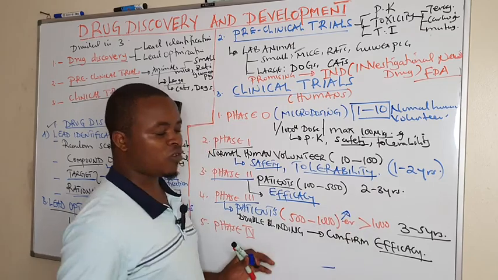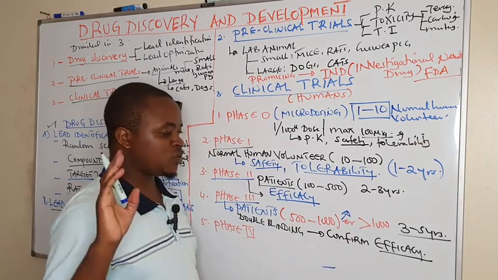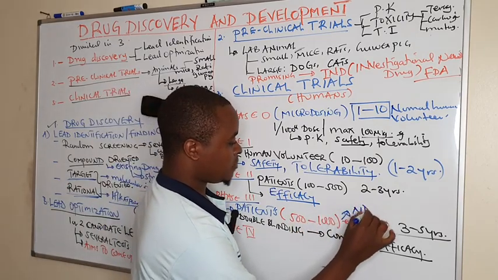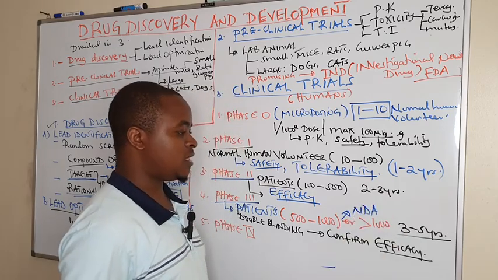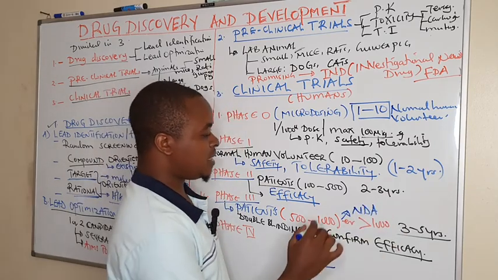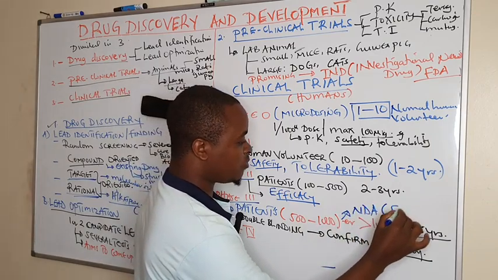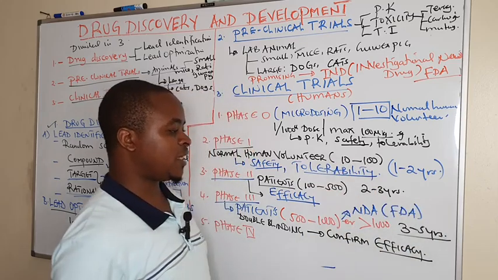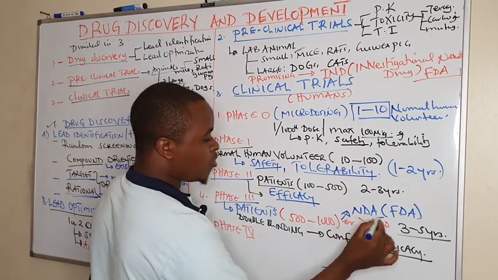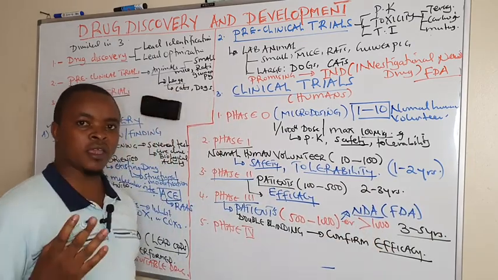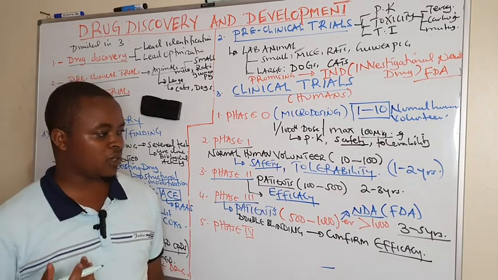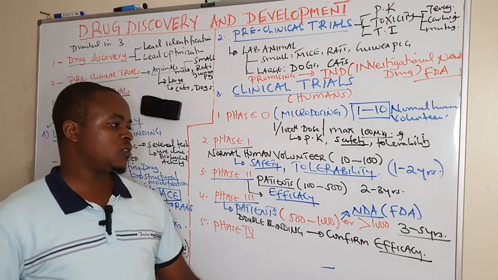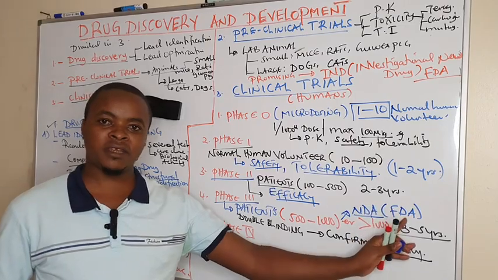Here, when the candidate drug passes efficacy and is confirmed, you make a second application called NDA, that is New Drug Application, taken to the Food and Drug Administration (FDA) of the USA, so that they can give you a go-ahead to start marketing this drug. So you make an NDA application so that you can be approved by the FDA.